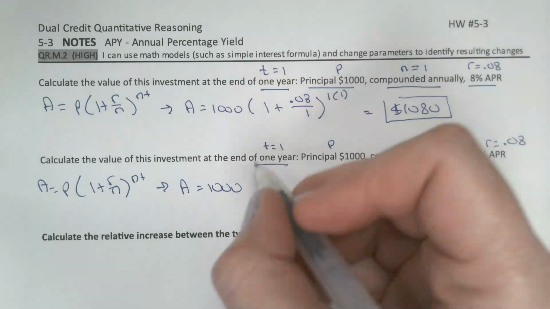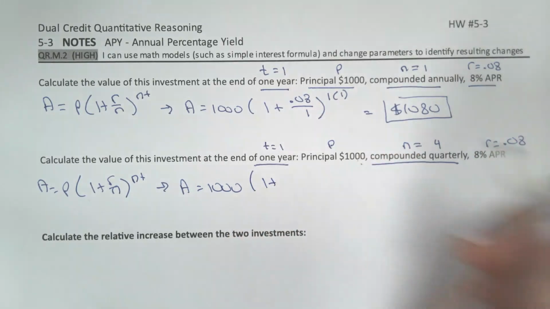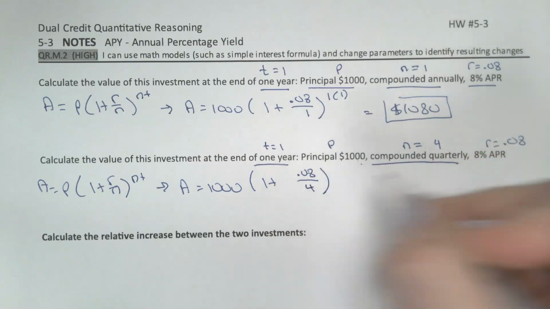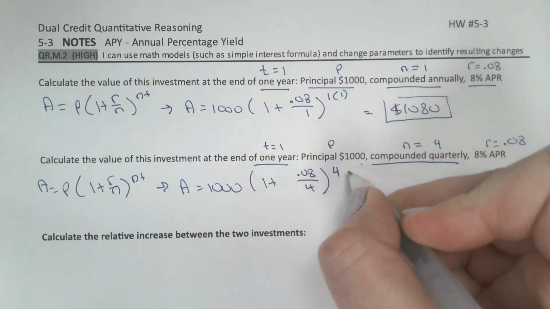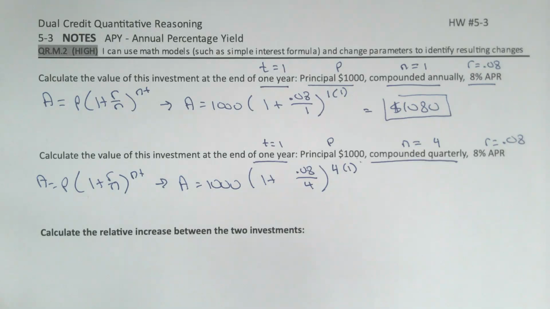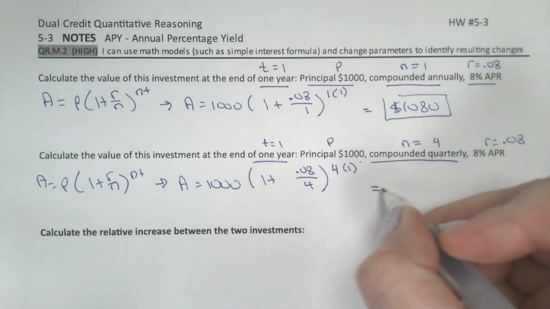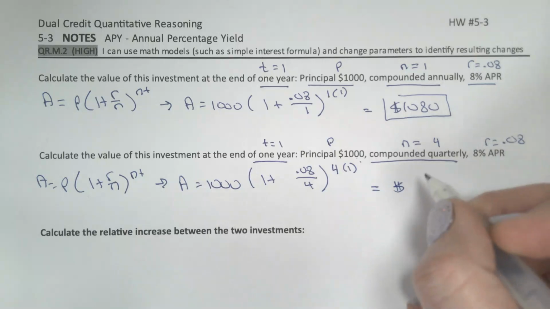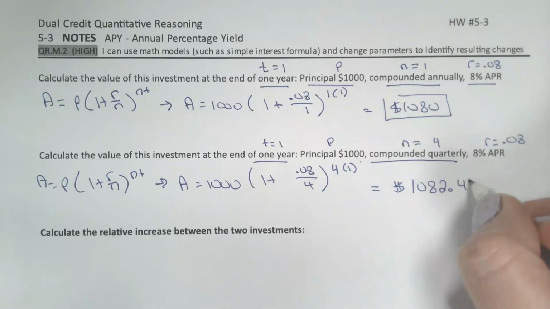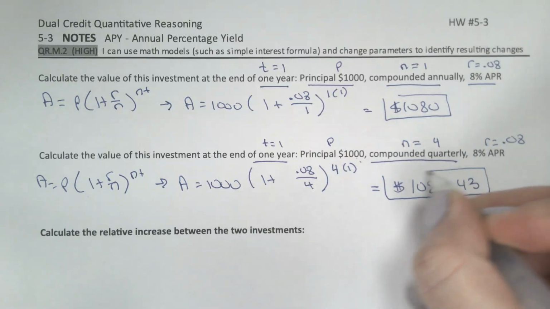The principal is the 1,000. My rate is 0.08. My N is 4, and T is 1. So when I run this in my calculator, I get $1,082.43.